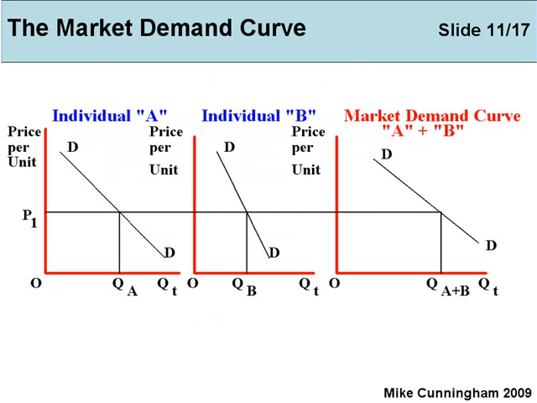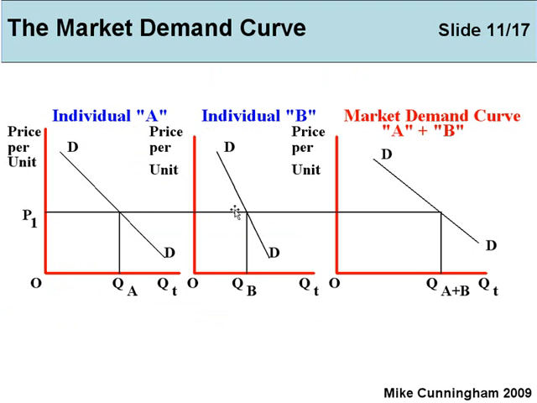Here we've got two demand curves: the demand curve for individual A and the demand curve for individual B. A could be me, and this could be you. So at P1, my demand will be QA.